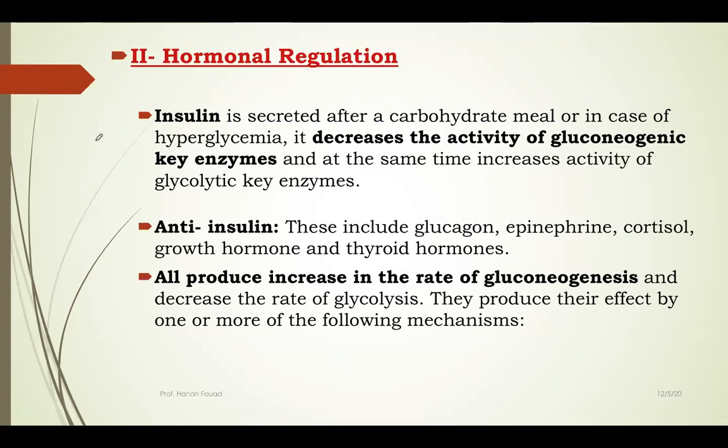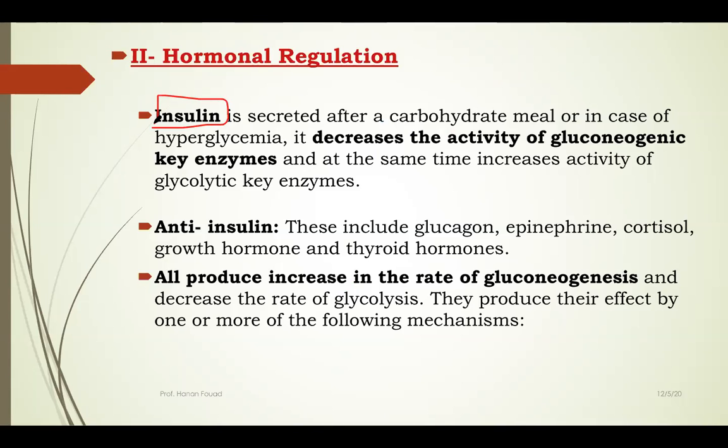Hormonal regulation of gluconeogenesis. After a carbohydrate diet or meal, insulin is liberated. Insulin increases the activity of the key enzymes of glycolysis, and insulin inhibits the activity of the key enzymes of gluconeogenesis.